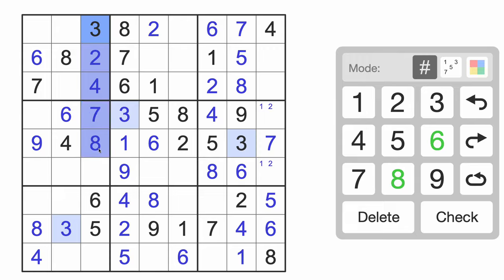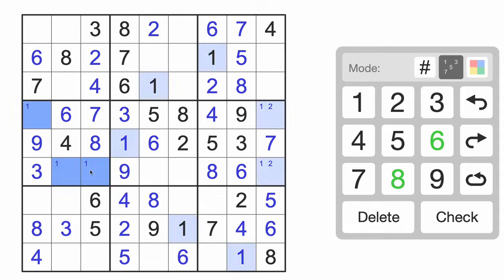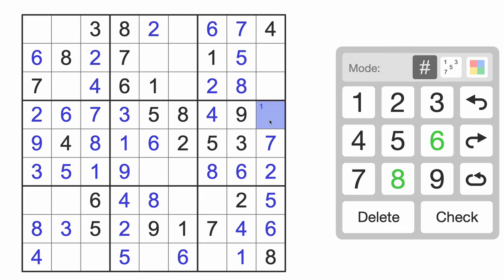I can place 3 in box 4. And this would be 1, 2, 5, 2 and 5 block this cell. Gives me 1 here. 5 is here, so this would be 2. And that gives me 5, 2, 1.